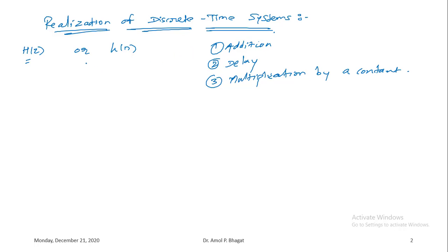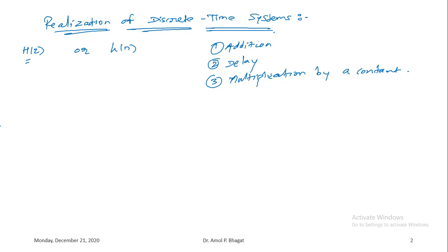So the most common methods for realization of discrete time systems are direct method, then there is cascade, parallel, or some state variable realizations. So we'll be looking at the realization of FIR and IIR systems by using most of these forms, that is direct, cascade, parallel, and some other forms as well, right?